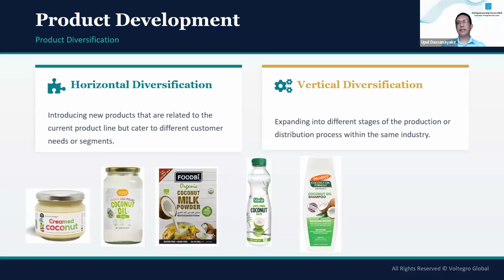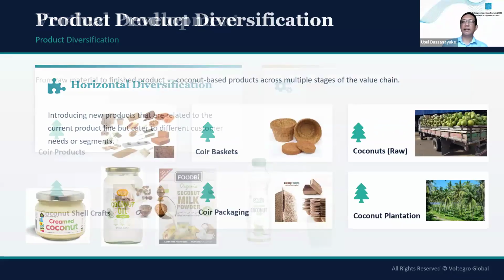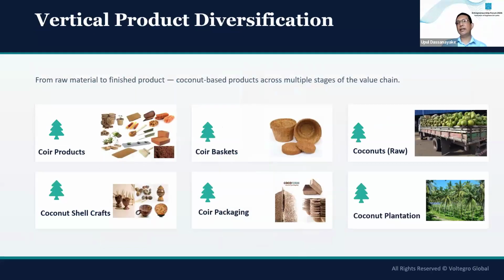And the other one is vertical. That means you get involved in the entire value chain of this product. You not only produce that product, but you also look at byproducts, and you also get involved in transporting and plantation. That is called vertical diversification.